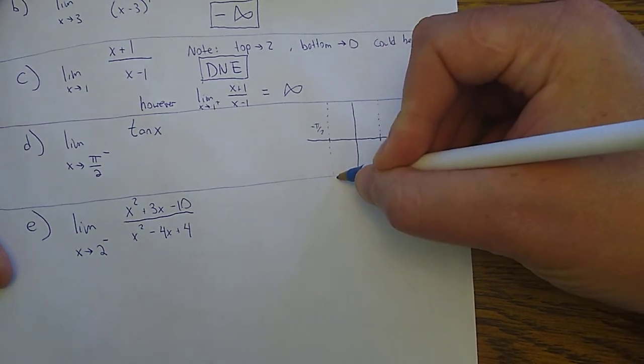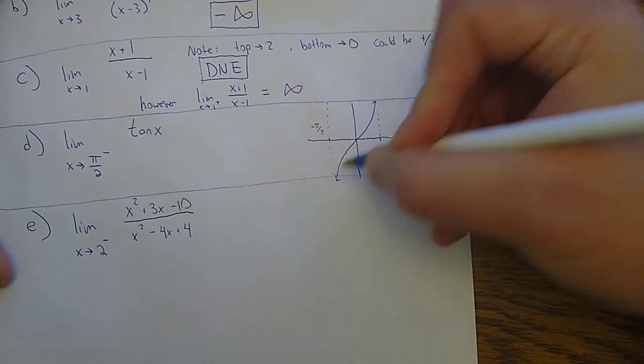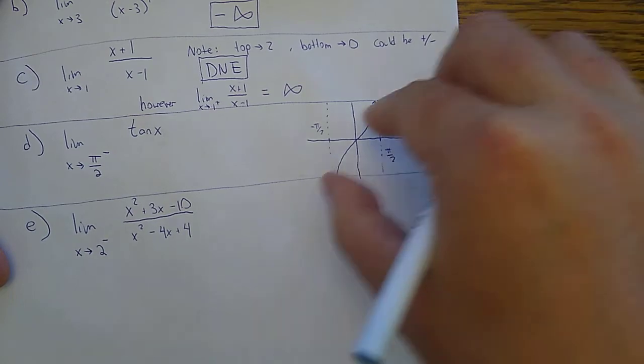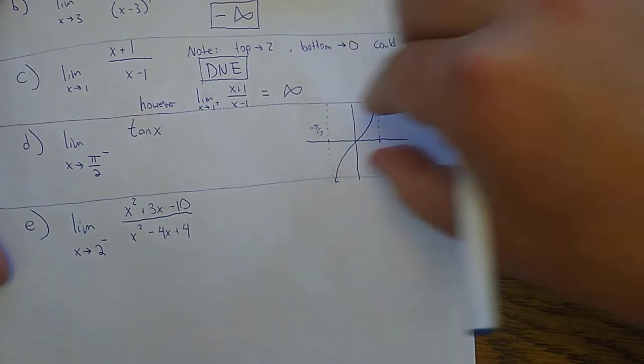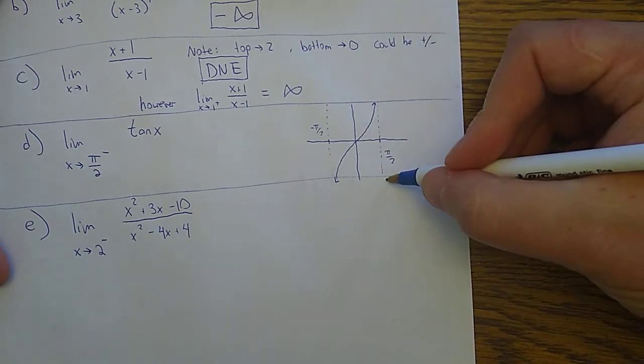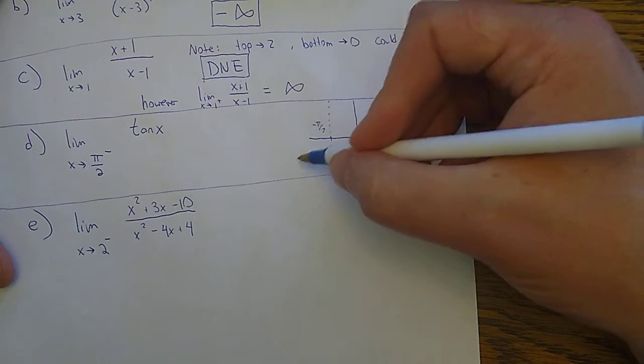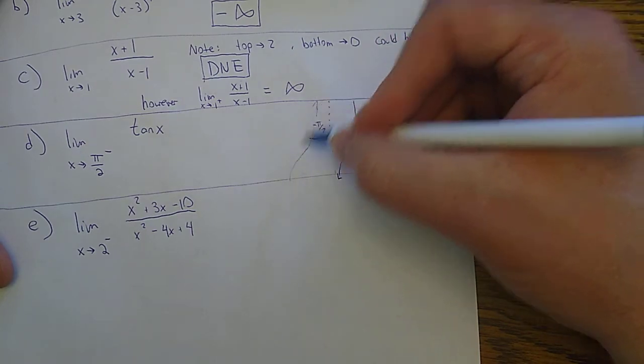It looks a bit like this. It has vertical asymptotes. Of course, this is a periodic function, so if I wanted to draw the full graph, I would take a copy of this and draw another one here, and then there would be one over here as well.